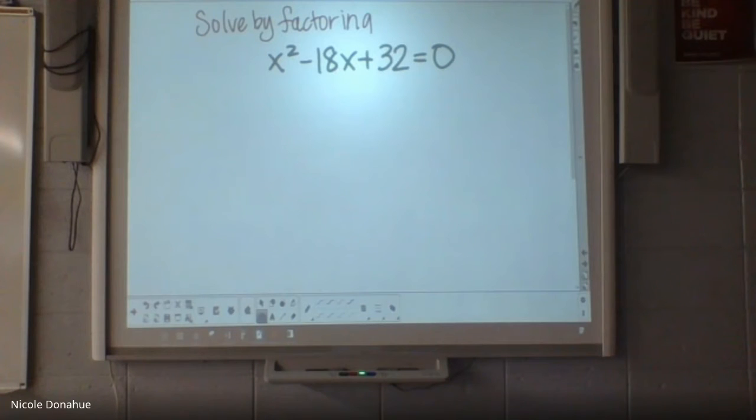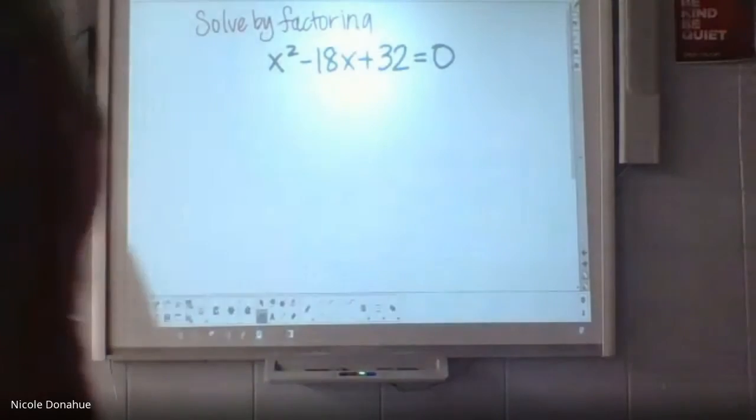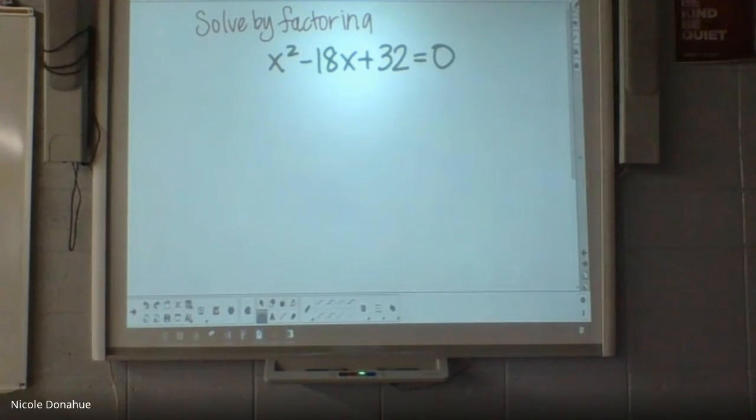Good work. And I do like to see those factors. I don't want just the answers. Once you've factored it, then solve it. Then set each of those equal to 0. Now you see the solves, you're good. It's fun. So set this equal to 0 as an equation, and then this equals 0.